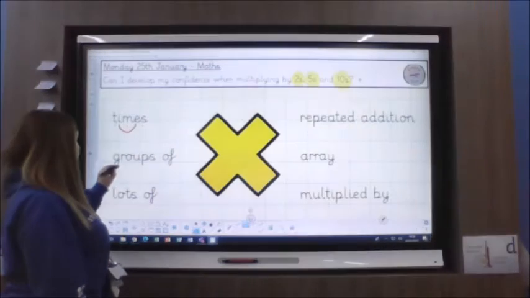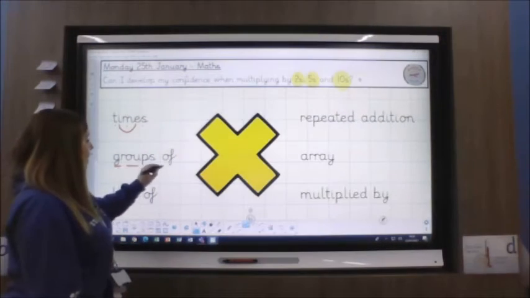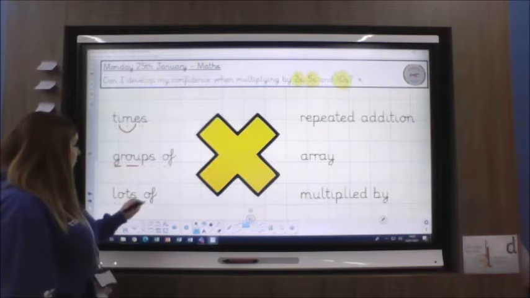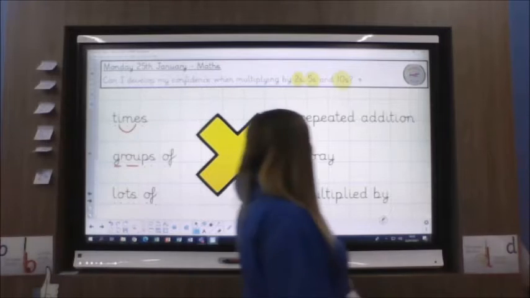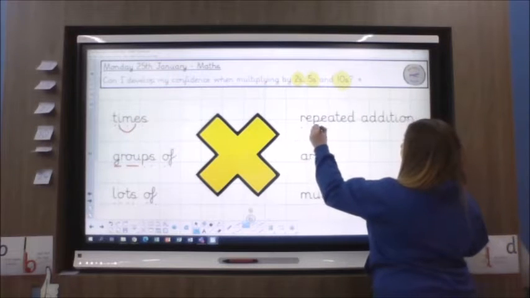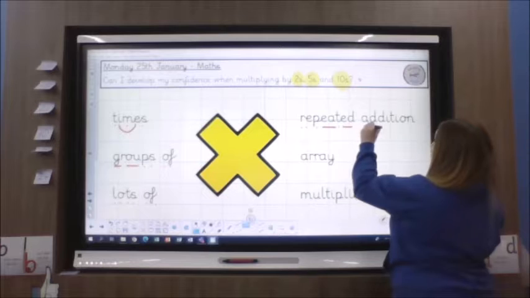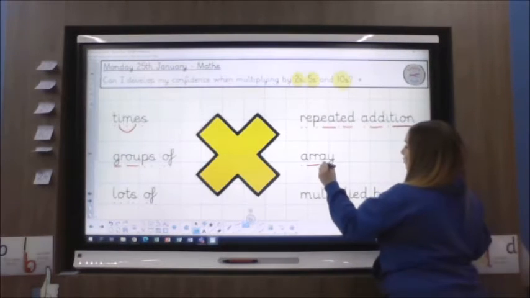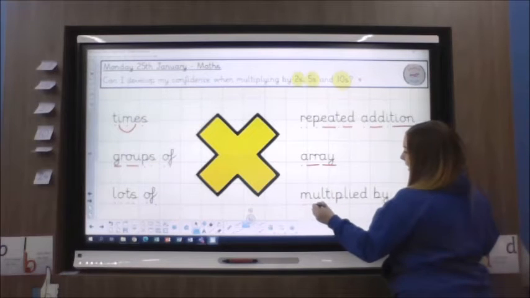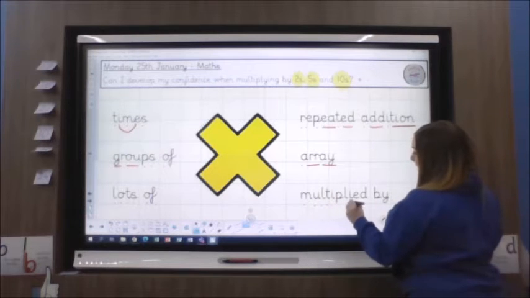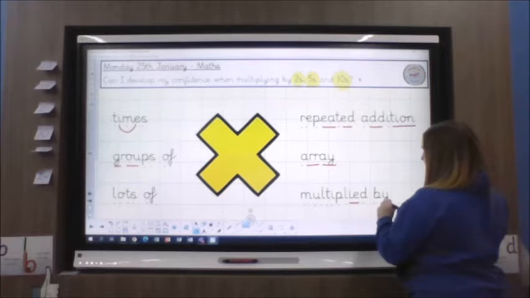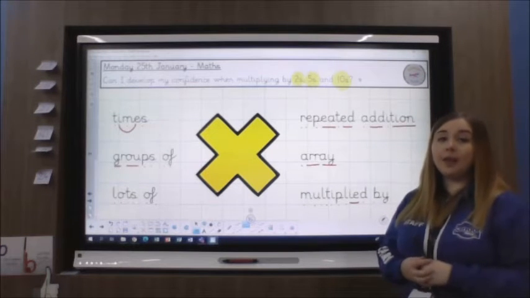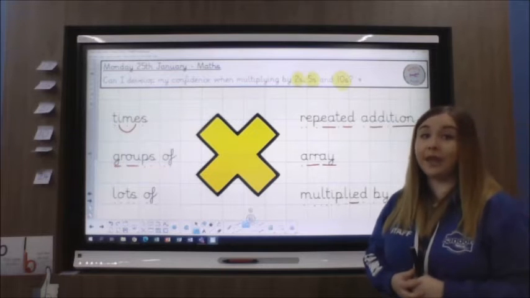We've got here groups of, we've got lots of, over this side we've got repeated addition, array, and finally multiplied by. Okay, so there are lots of words that mean multiplication.